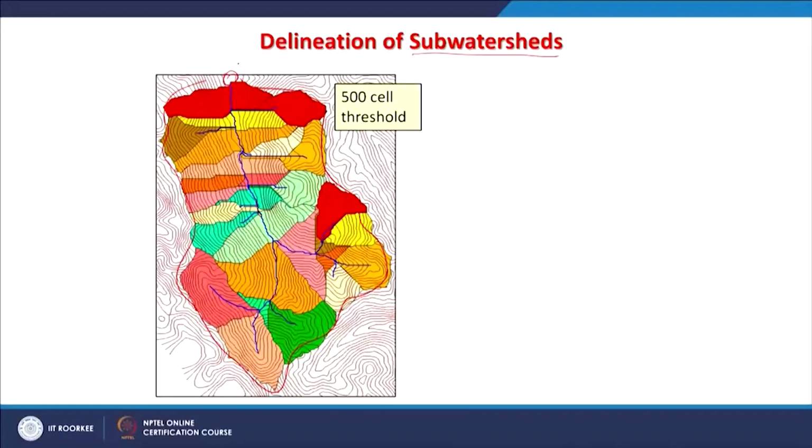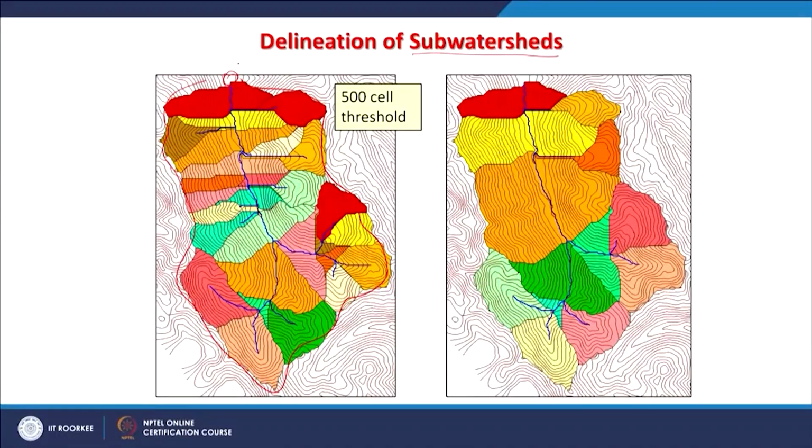The threshold value was kept here at 500 cells. If I change the threshold value to 1000, then the number of watersheds will reduce, however their areas will increase. Many watersheds which were separate here are still there, but here they have all been merged, because I have put the condition of more than or equal to 1000 cells. So if this is the condition, small watersheds will disappear.